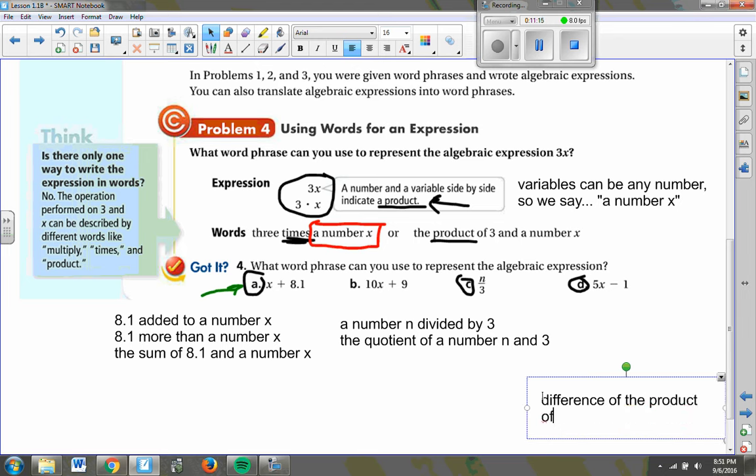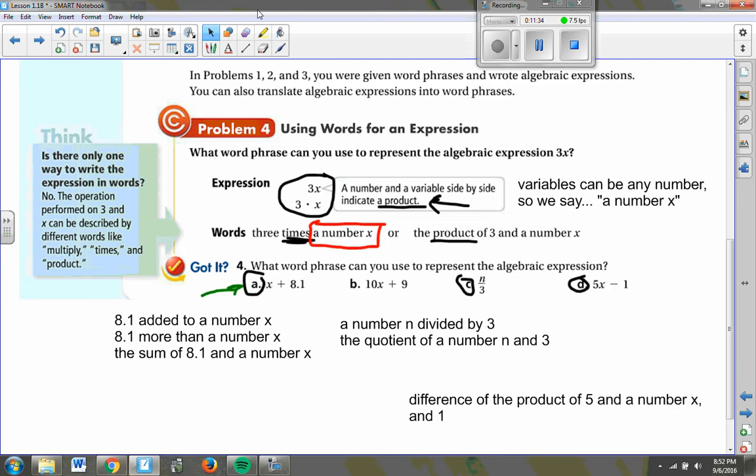The product of 5 and a number x, and then I'll put a comma to kind of separate the 2, and the second thing in my difference is 1. So the difference of the product of 5 and a number x and 1.